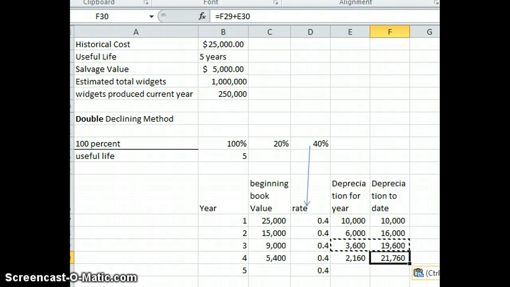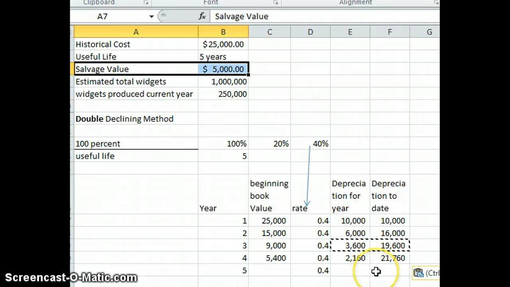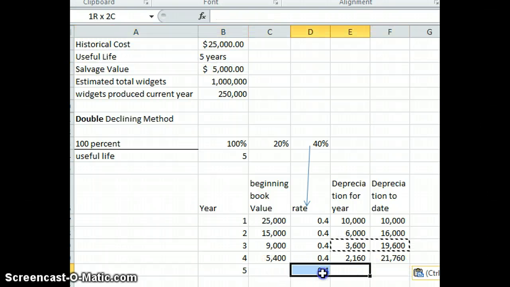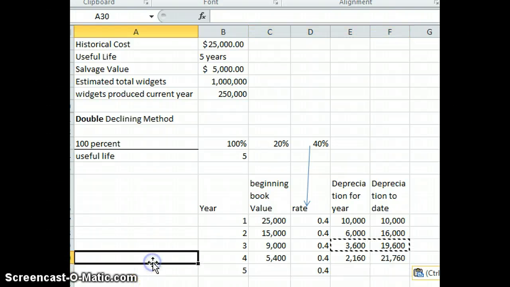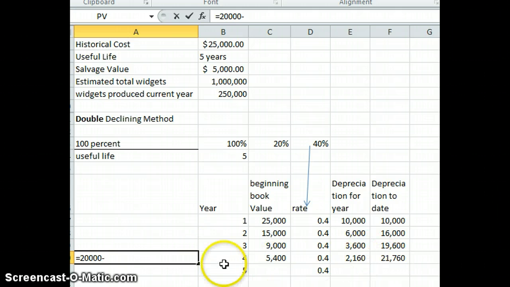Now, we know that our salvage value was $5,000, so we can't go below $20,000. So in year 5, instead of multiplying it all out and taking the final depreciation, the most we can take is 20,000 minus, well, let's do it the other way.